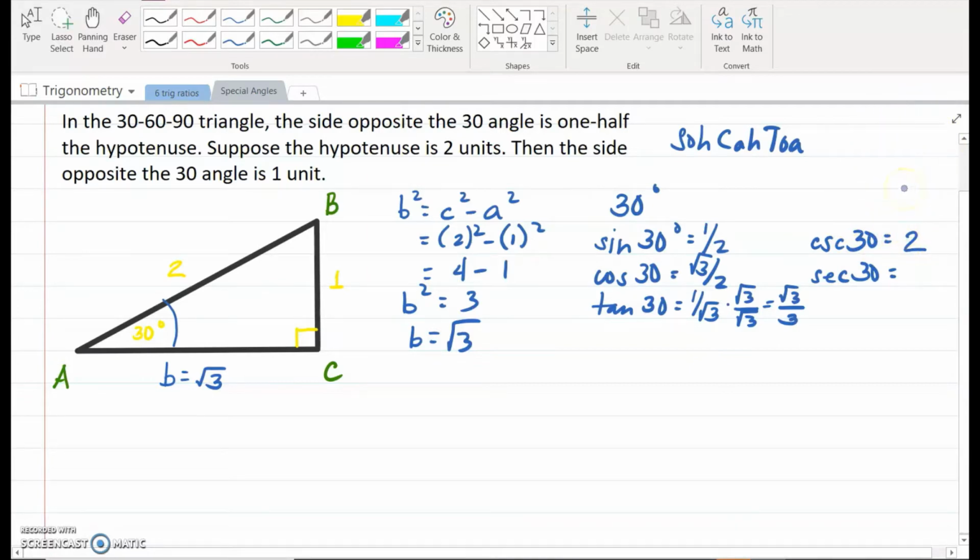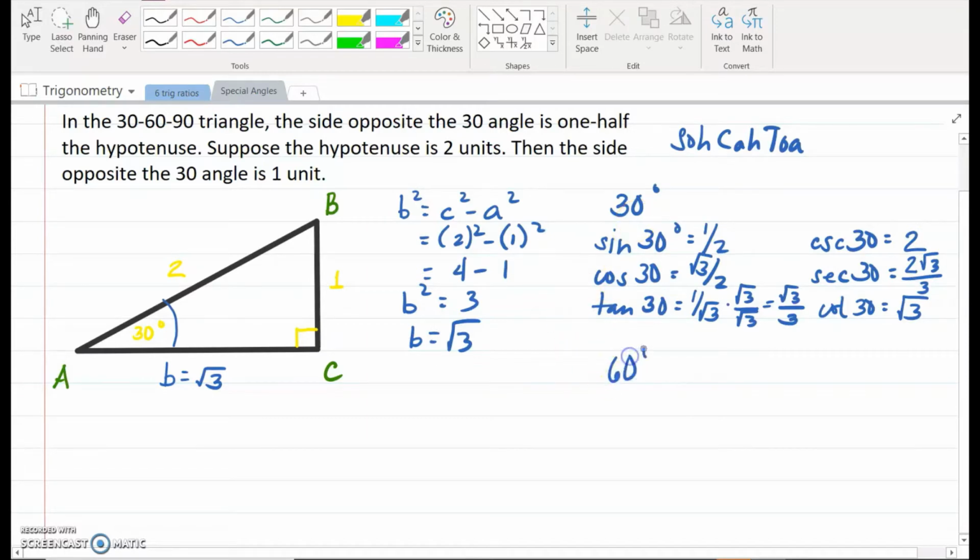Or if we're going to rationalize that, that becomes 2 square root of 3/3. And then cotangent 30 will be square root of 3. Okay. So that is the 6 trigonometric ratios for 30 degrees.